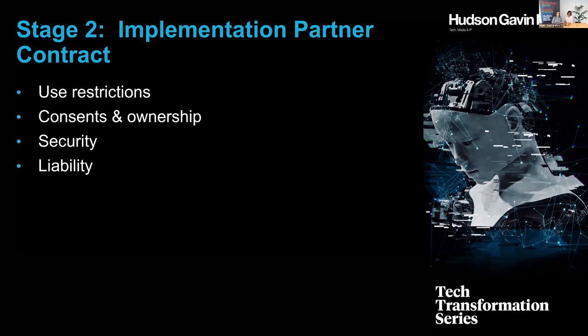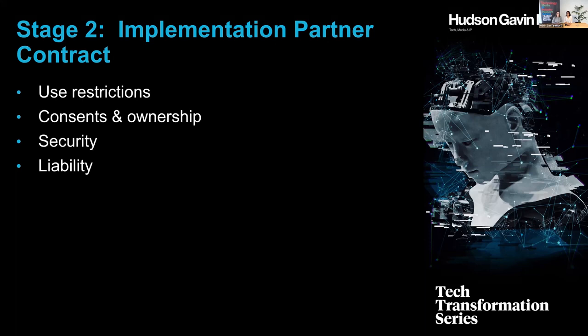So then it really becomes a question as to what is the value of that super cap. And so from a customer's perspective, we'd obviously want it to be as high as possible. But in terms of calculating what that might be, it could be helpful to consider whether as a customer you would want your implementation partner to maintain insurance, and then the value of that insurance coverage could inform the calculation of the super cap.